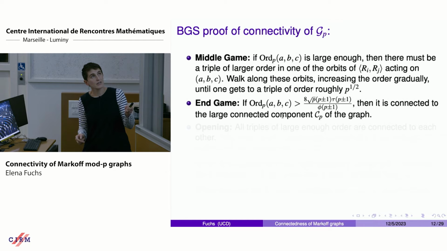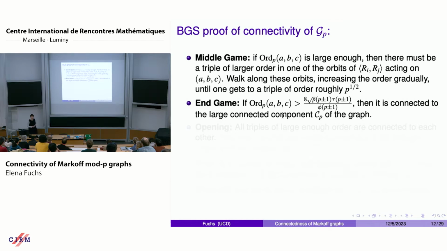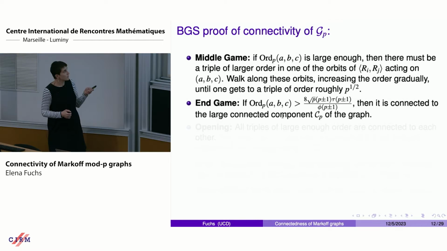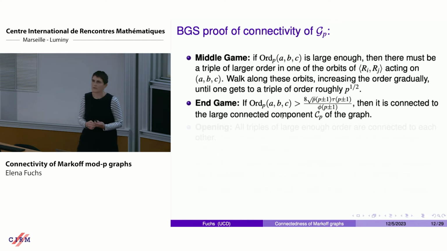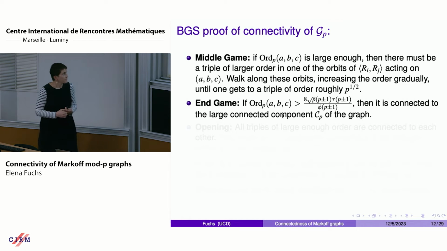So the tau here is the number of divisors of p plus or minus 1, and the phi is the Euler totient function, so the number of integers less than p plus or minus 1 relatively prime to p plus or minus 1. Whether you take plus or minus 1 depends on whether you're looking at some rho where the order divides p plus 1 or p minus 1.